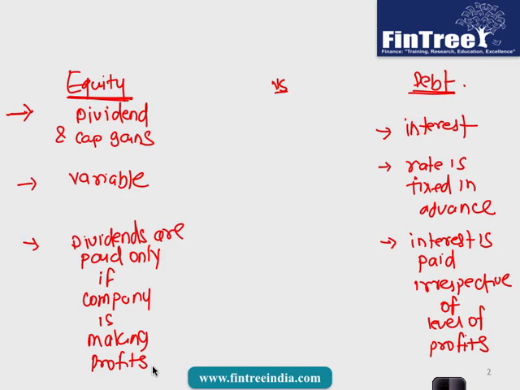Now let us say you are a risk averse investor. What does it mean? You like risk? Dislike risk. Risk averse means the ones who are trying to avoid risk. So if you are a risk averse investor, what investment would you prefer?